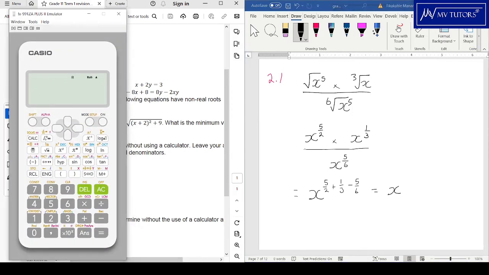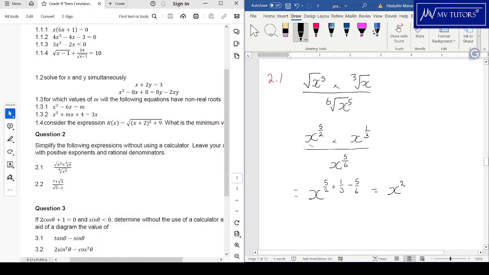So I'm going to have 5 over 2, go to the side, plus 1 over 3, go to the side, minus 5 over 6. It's going to be equal to 2. Now, it said leave with a positive exponent. 2 is a positive exponent. So there we go. Done.